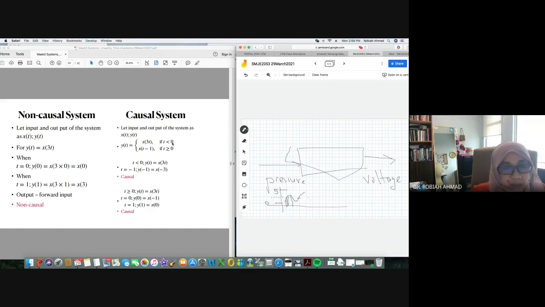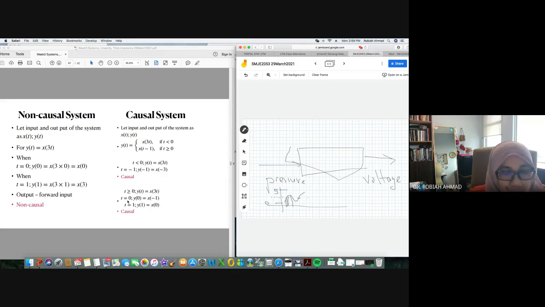So katakan bila less than 0, kita ambil t minus 1. So bila kita tengok di sini, y(-1) actually equal to x(-3). So dia whole meaning that the current output equal to the previous input lah. y(t minus 1) equal to x(-3). Okay. And then bila condition dia t equal or more than 0, this one still holds, where y(1) equal to x(0).